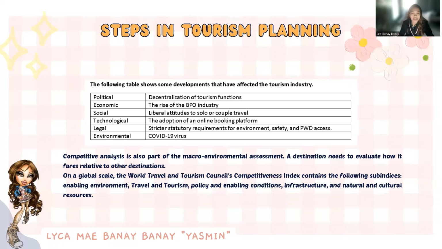So competitive analysis is also part of the macro environmental assessment. A destination needs to evaluate how it fares relative to other destinations. On a global scale, the World Travel and Tourism Council's Competitiveness Index contains the following sub-indices: enabling environment, travel and tourism policy and enabling conditions, infrastructure, and natural and cultural resources.